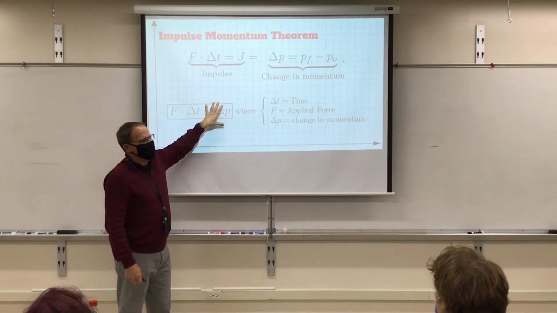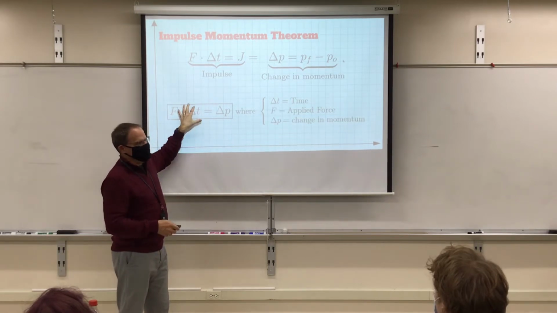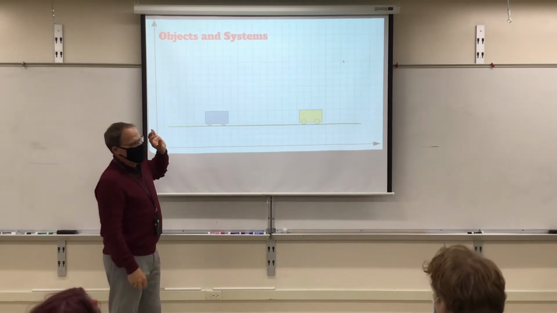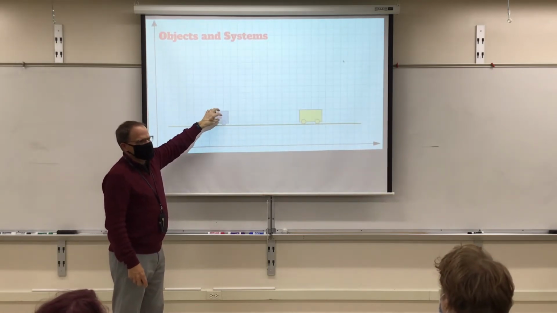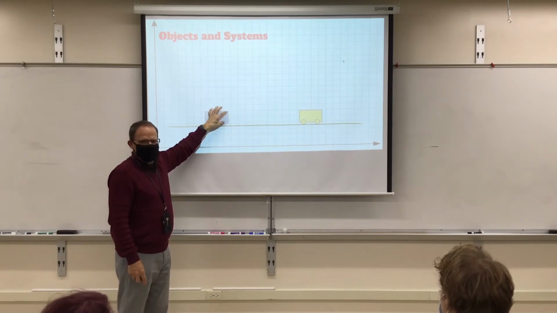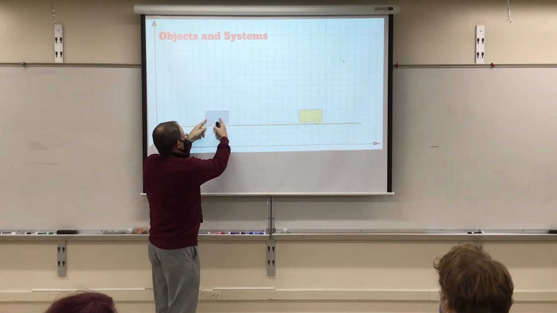So what we're going to do now is broaden our focus a little bit and apply it to what we call a system. So a little bit of vocabulary. If I have an entity whose size is irrelevant to me, it acts as a single object, I call it an object. I don't really care whether it's 10 centimeters or 5 centimeters.